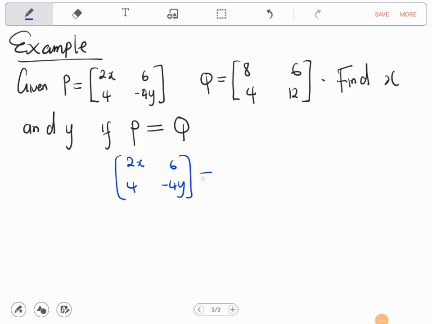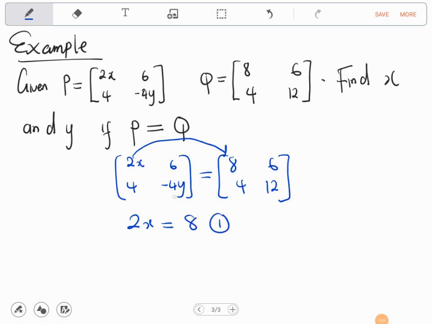And they're saying this is equal to 8, 6, 4, 12. This should be simple now, right? And I said corresponding entries are equal. So this entry corresponds to that. So we are saying 2x is equal to 8. This is our equation number 1. This corresponds to that. Negative 4y corresponds to 12.